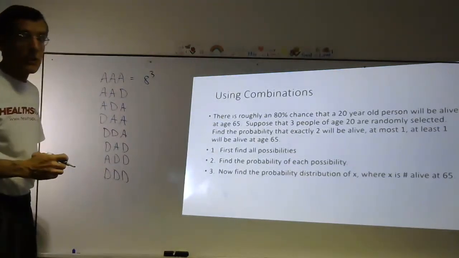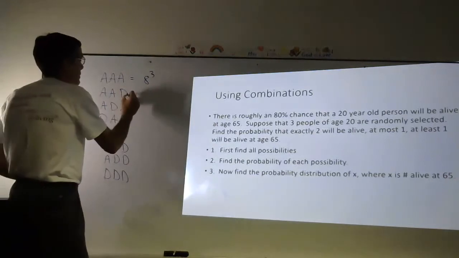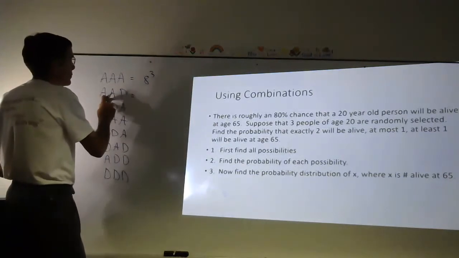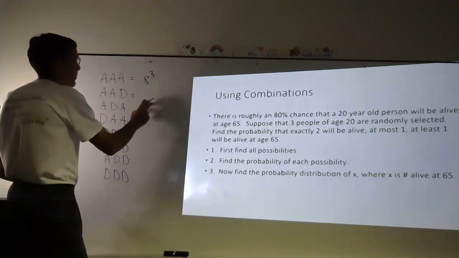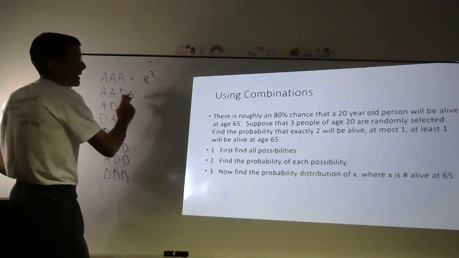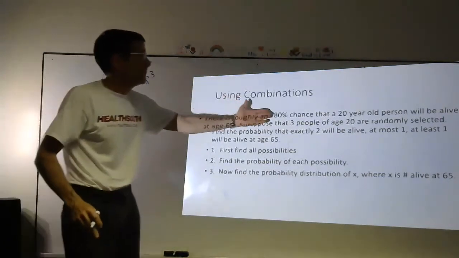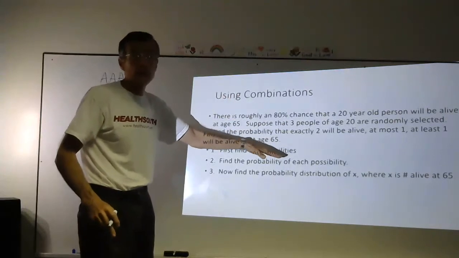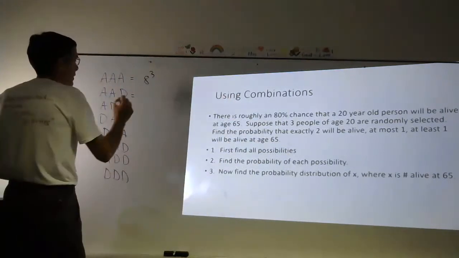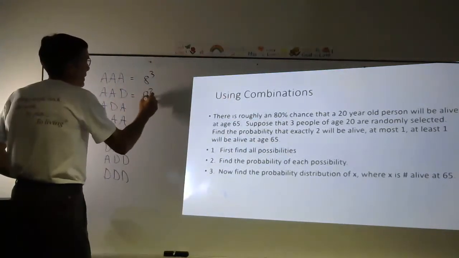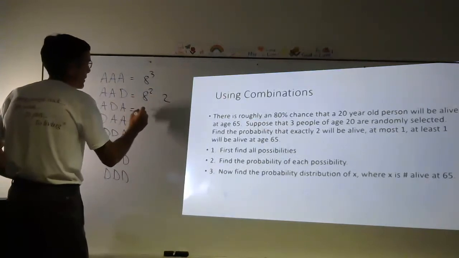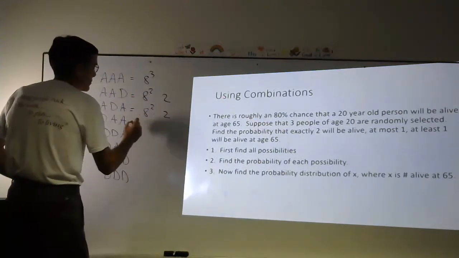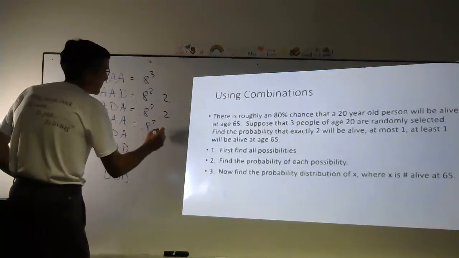Yeah? Okay? Each one of these, what's the probability of 2 alive? That's 0.8 times 0.8 times the dead, which is 0.2, because if it's an 80% chance they're alive, it's a 20% chance that they're dead. So this is 0.8 squared times 0.2. Same thing here. Same thing here.